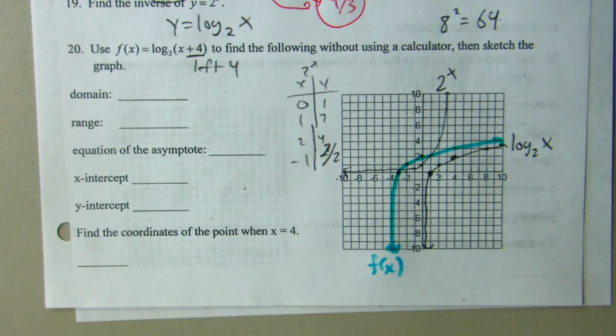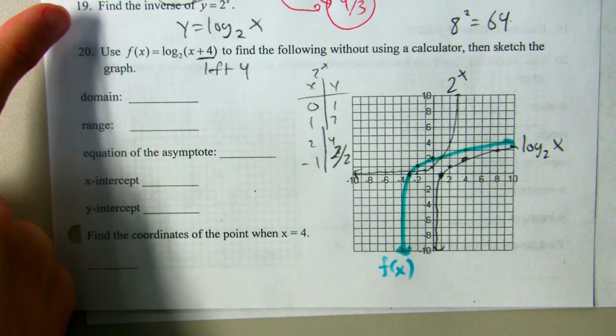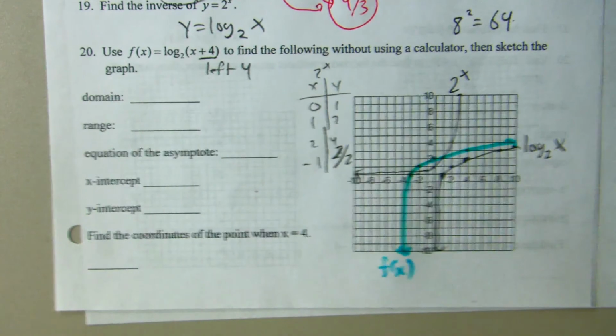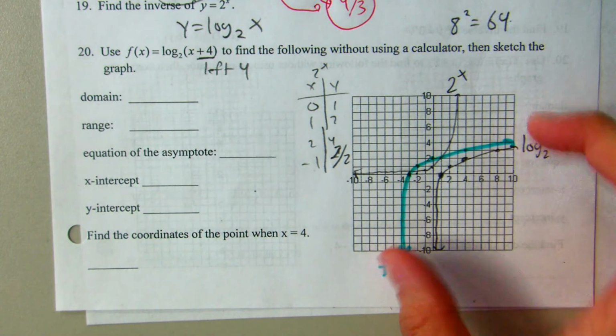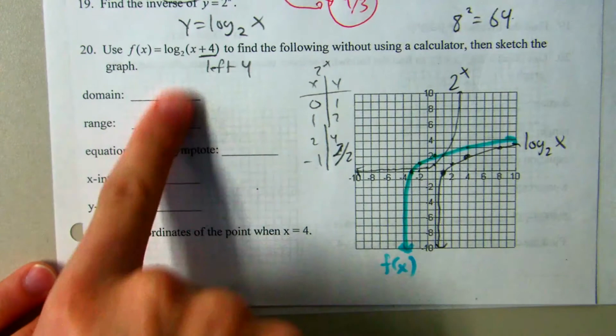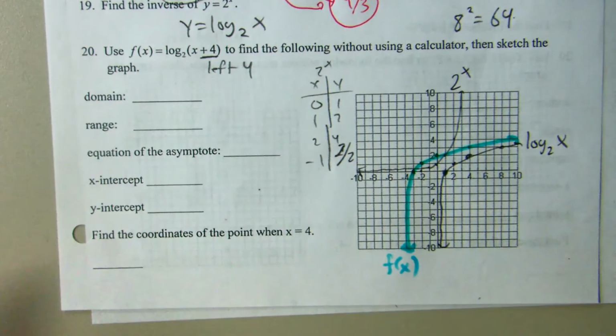So that's worst case. Worst case is you memorize this, which you need to know anyway. You graph 2 to the x, you switch x and y to get log base 2 of x, and then you apply any and all transformations. Okay, now that you've got this graph in front of you, I'd like you to try to fill in these blanks. Assuming that you can get the graph right, see if you know what all those things are asking for.